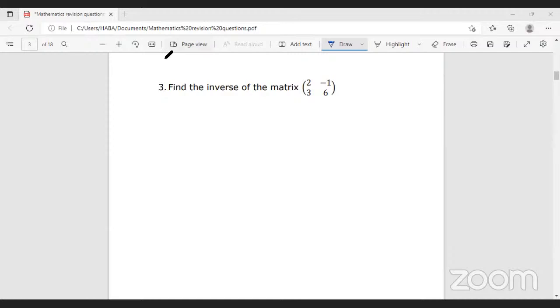So to find the inverse of the matrix, we are going to begin by finding its determinant. The determinant: we multiply the major diagonal, 2 times 6, and then we subtract the product of the minor diagonal, which is 3 times negative 1.